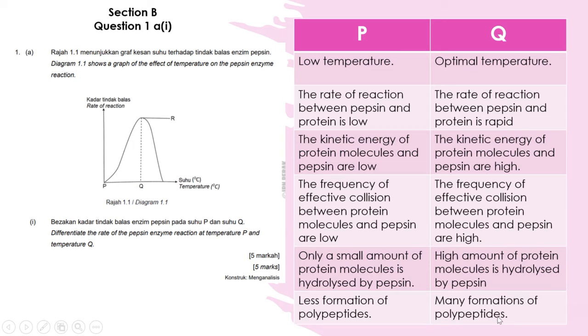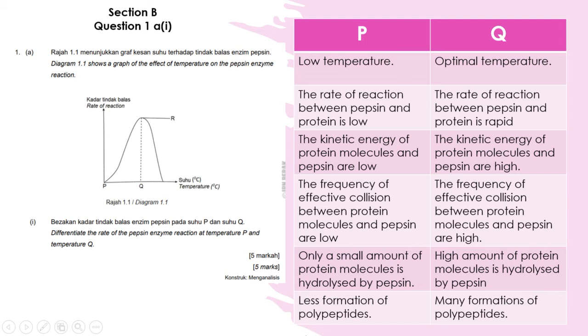You have to know that once the protein is hydrolyzed, it's not directly into amino acid. The proteins are hydrolyzed into polypeptides by pepsin, and the polypeptides will be hydrolyzed into peptides. And the last one, the peptides will be hydrolyzed into amino acid.